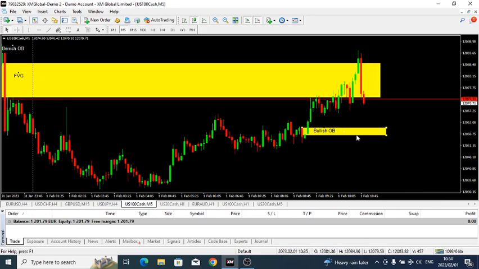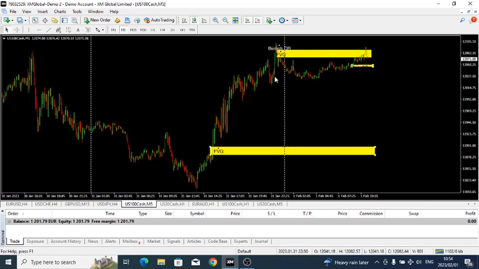The market could come to this order block and try and get support from the low of these candles and spike down, spike all the way down. I'm not saying it could, that's what I'm thinking, that it could happen, and come down to come and rebalance this fair value gap.